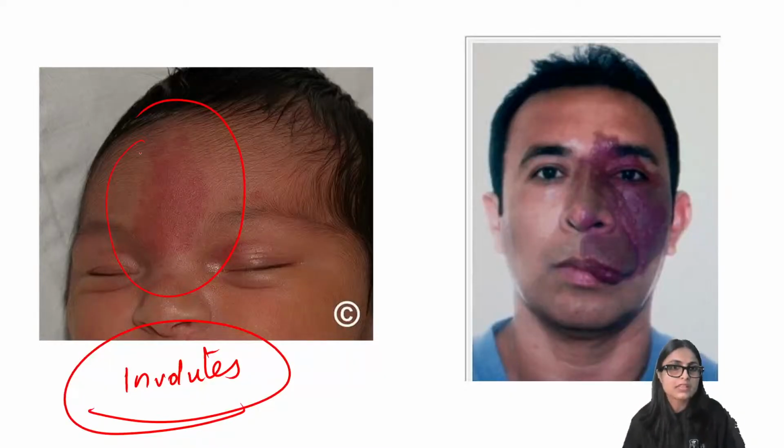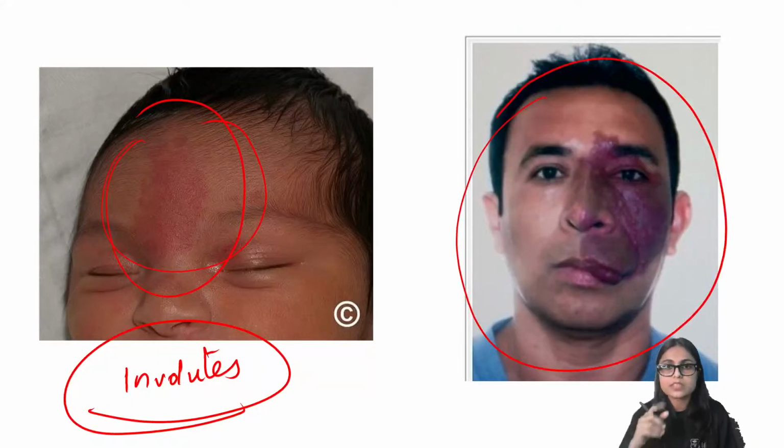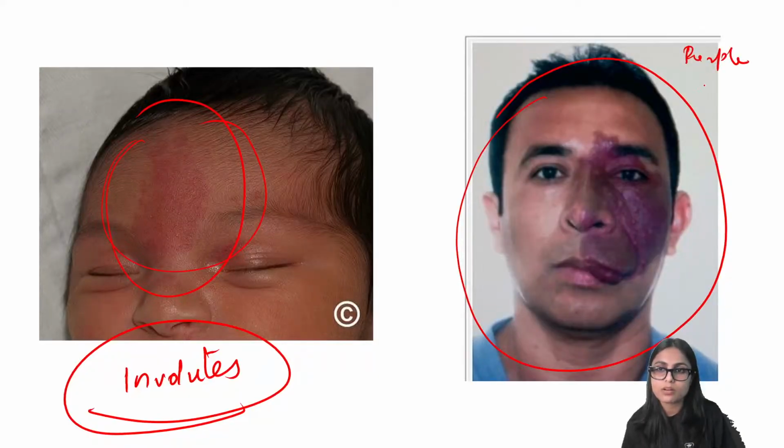Okay, so this is angel's kiss. It's on the forehead. When it is on the nape of the neck, it is called stork bite. Okay, the second one is port wine stain. Can you see this? This is nevus flammeus, port wine stain. Can you see the color? The color can be purple or dark red.